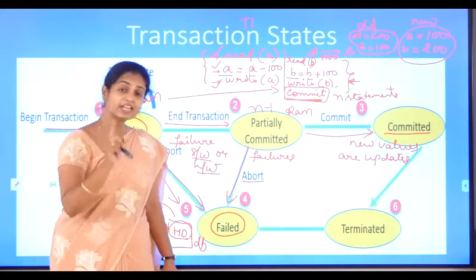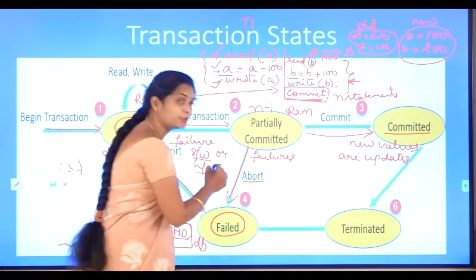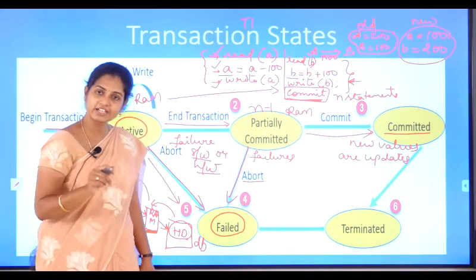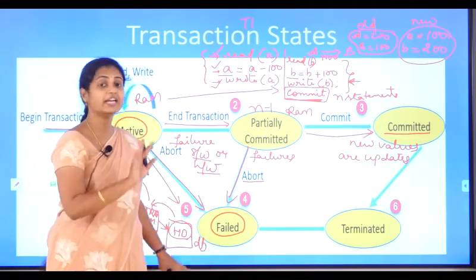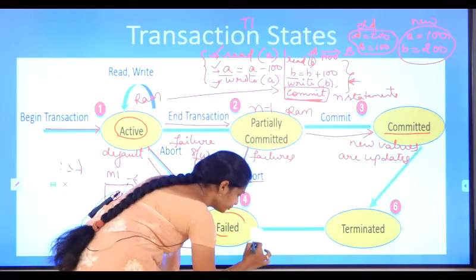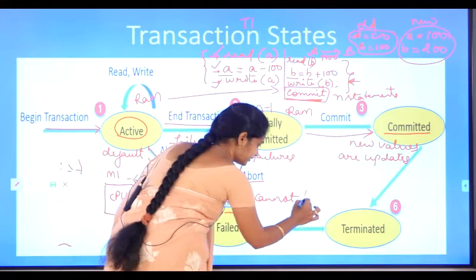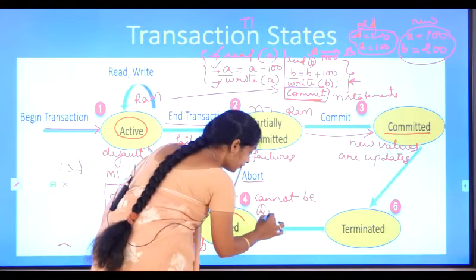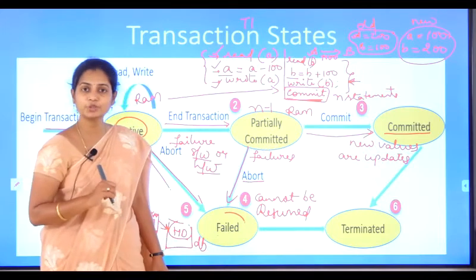Why will it abort the entire transaction? It cannot resume. Once a transaction has entered into the failed state, it cannot be resumed. Why can it not be resumed?